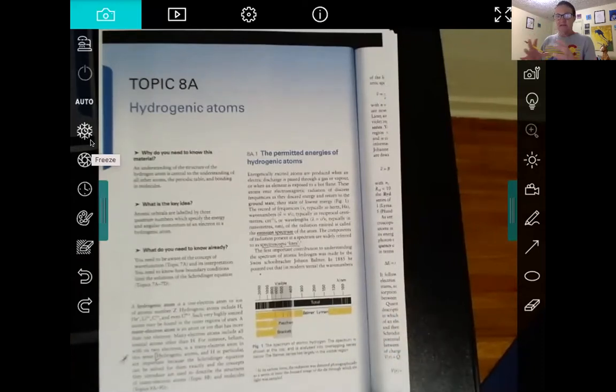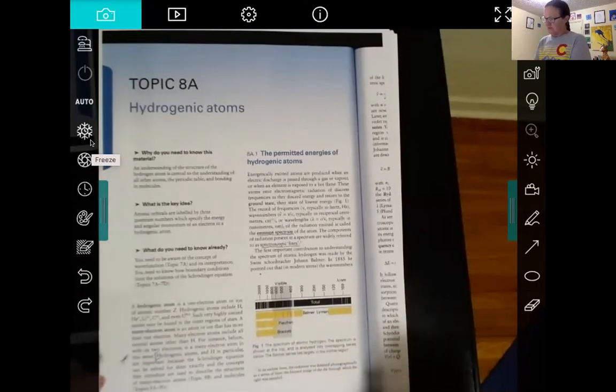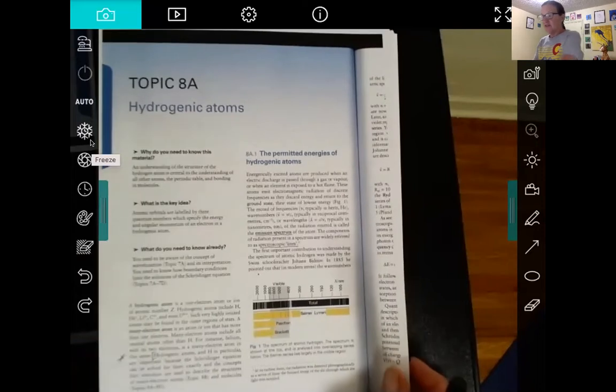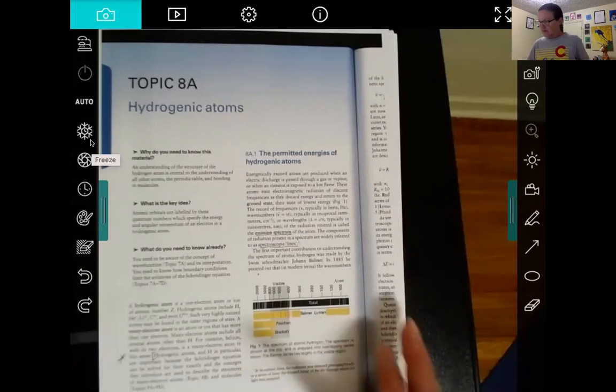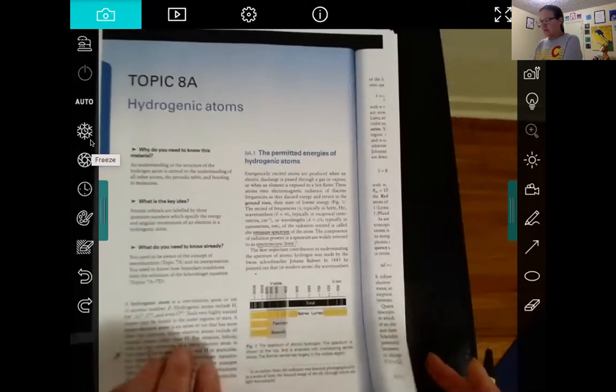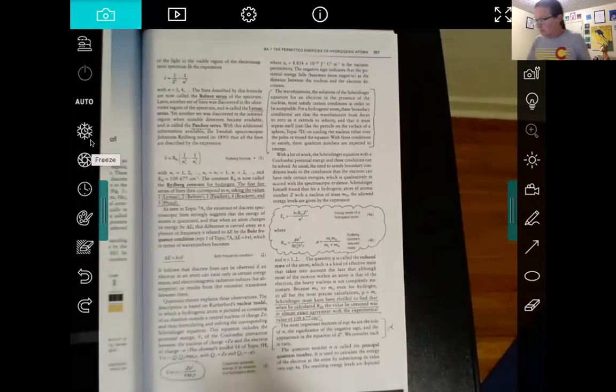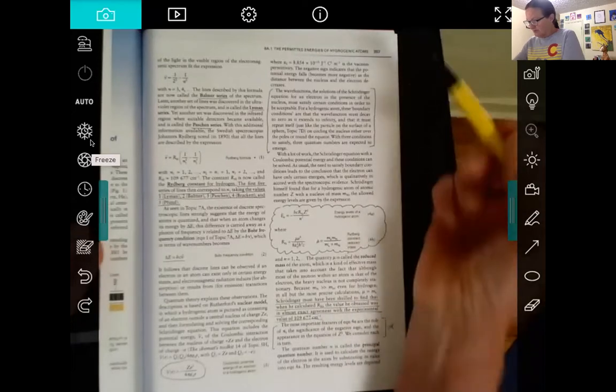So you pass electricity through hydrogen atoms, the electrons absorb some of that energy, and when they fall back down to their ground state, they give off characteristic frequencies that are discrete. They're not continuous. It doesn't give off every kind of energy. So we want to think about what that means.